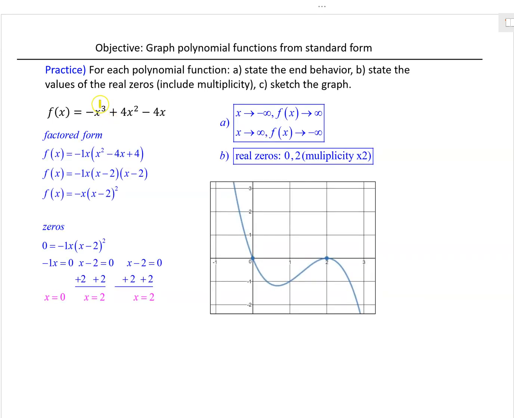So here our first term is negative x cubed. So ends are going to go the opposite directions because 3 is odd, and the negative 1 coefficient means the right end goes to negative infinity. And so that's what we've got there. This one, there's a GCF of negative x, so factoring that out gives us x minus 2 times x minus 2.